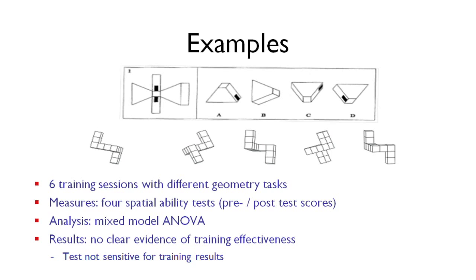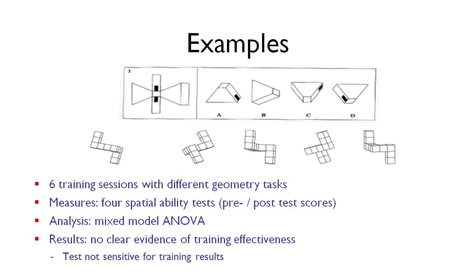And the other one, these are the Shepard-Metzler type of block mental rotation tasks, where again you have an object on the left-hand side, and there are always two objects on the right-hand side that match the left one. It's speeded, so you have to do this under a certain time pressure, and tick the two objects on the right-hand side that match the one on the left-hand side.